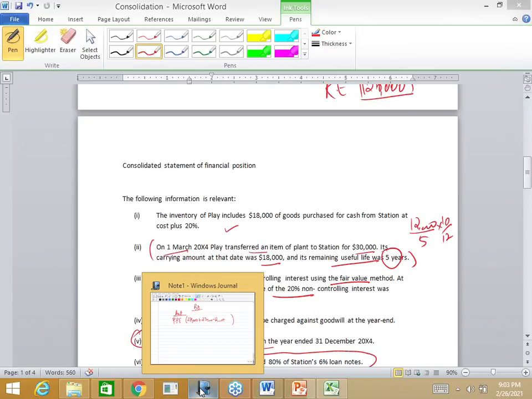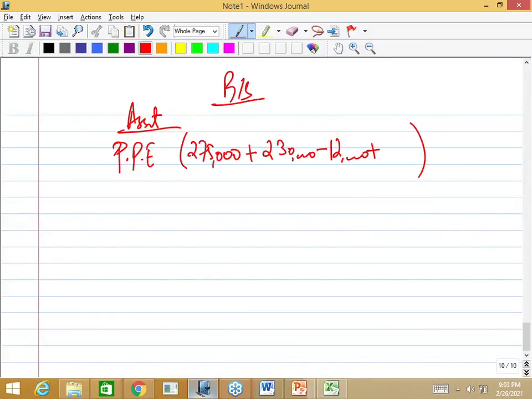So can you please calculate the amount? 12,000 divided by 5 into 10 upon 12 will be 2,000. Okay, that's wonderful.